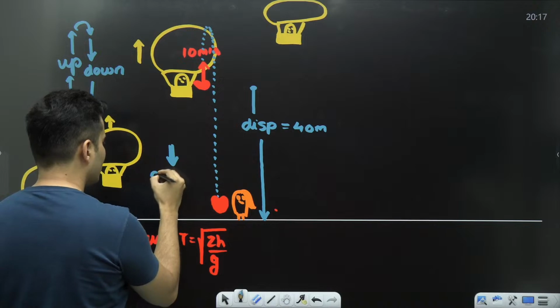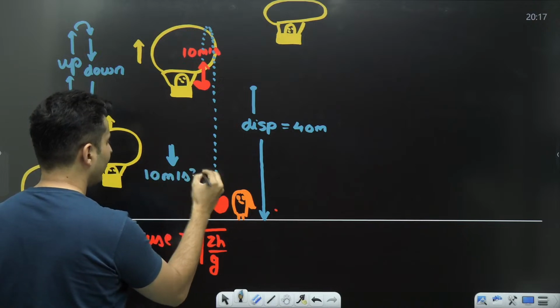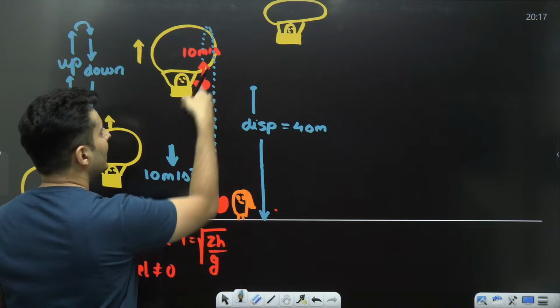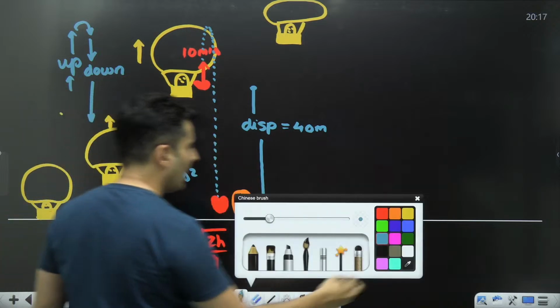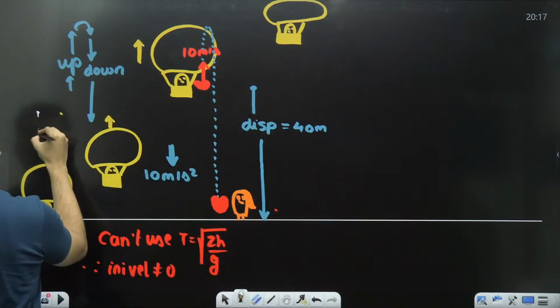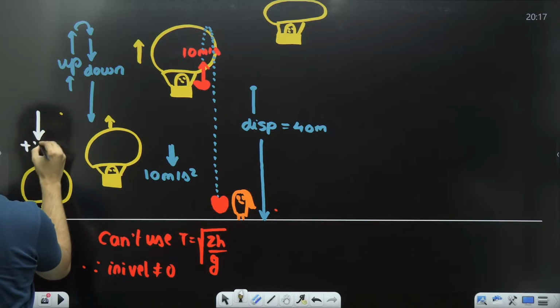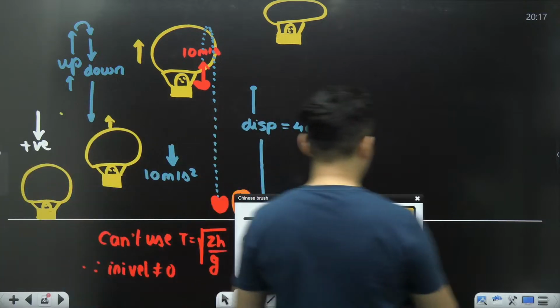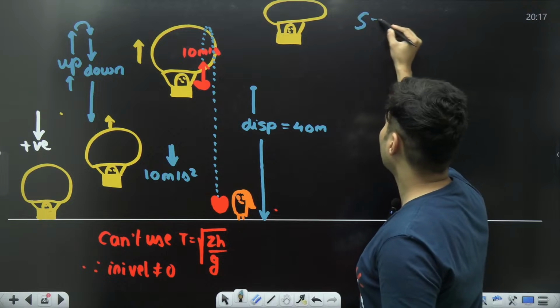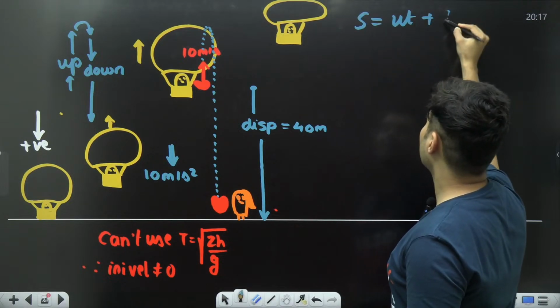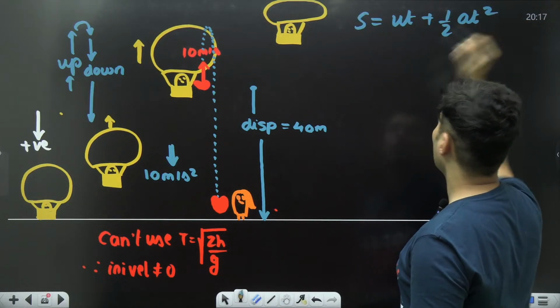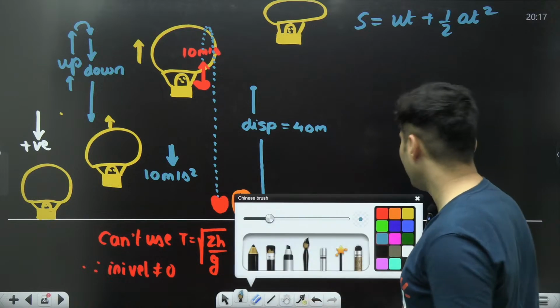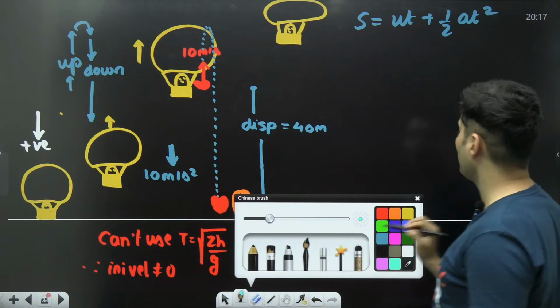How much? 10 meters per second square. Initial velocity is upwards. How about I take downwards as positive and solve this entire equation now using S is ut plus half at square? Let's solve this, my dear warriors, and see what do we get.